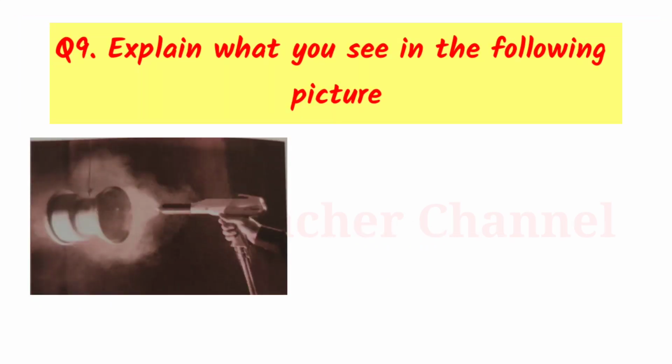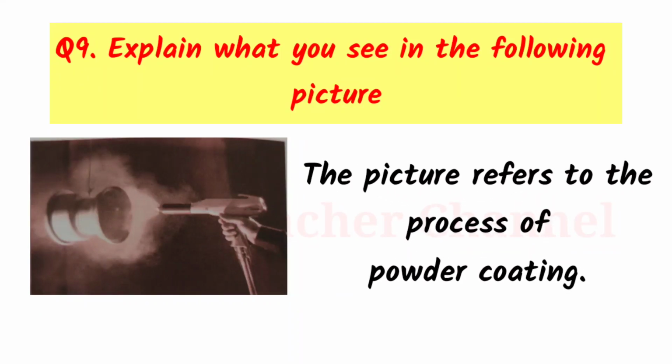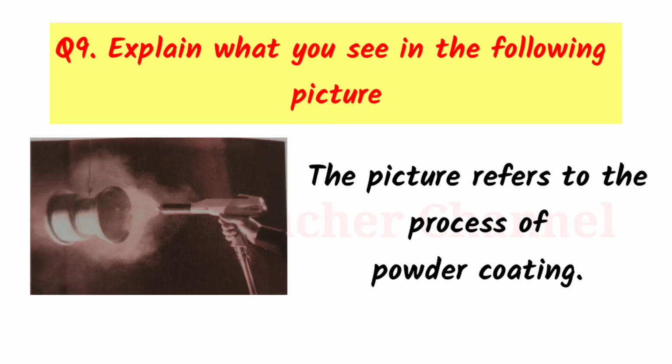Question 9. Explain what you see in the following picture. The picture refers to the process of powder coating. Powder coating is a method of applying a layer harder than paint on the surface of an iron object to prevent rusting.